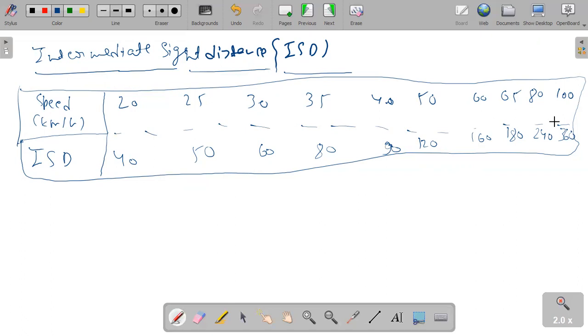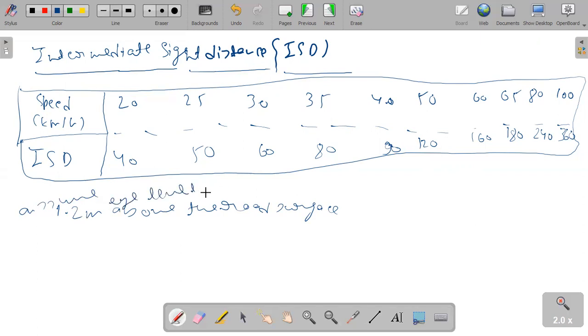If you want to measure intermediate side distance, you need to assume that the eye level of the driver and the object is 1.2 meter above the road surface. So this is it for intermediate side distance.